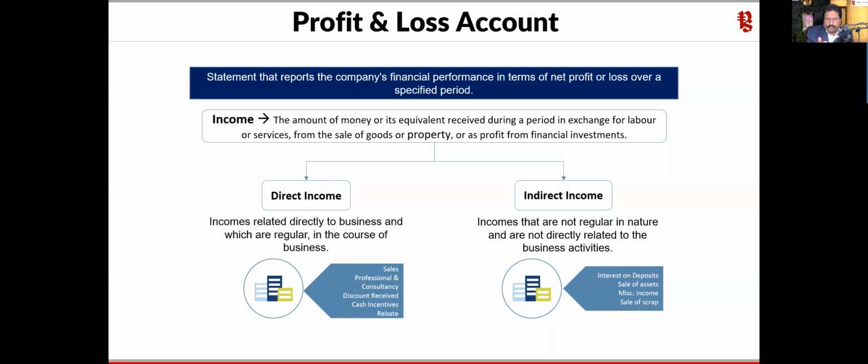The whole idea of depreciation allowed by the various statutes is that you set aside, because though we consider depreciation as an expenditure, it is really not an expenditure. The moment you say expenditure, there is going to be a fund outflow, maybe immediately, maybe at a later point in time.